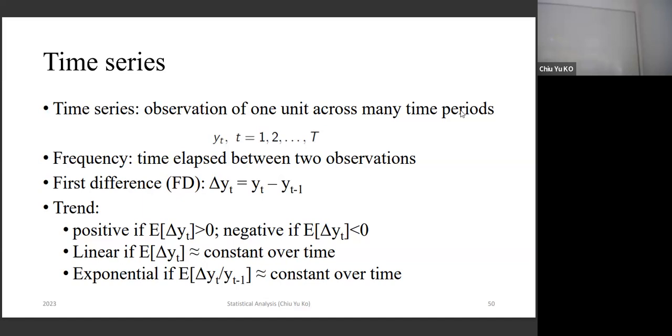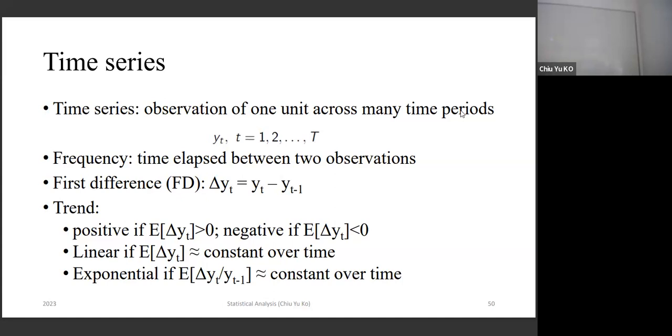So that's the idea. Frequency is a time series observation, and something very important is called the first difference, which is to take the difference between one observation and the past period. I don't talk about it in this class, but here I just focus on absolute difference.